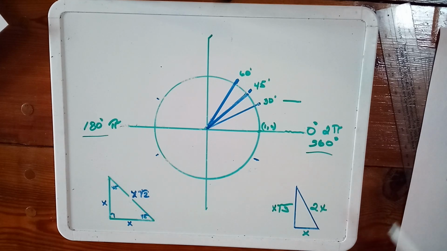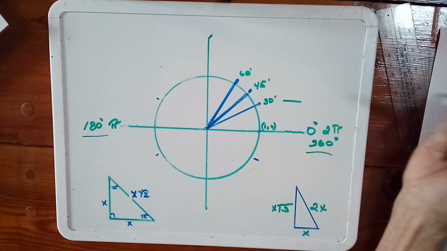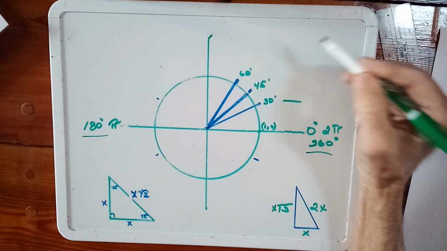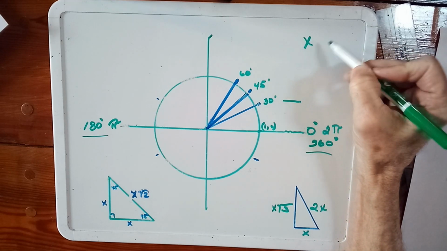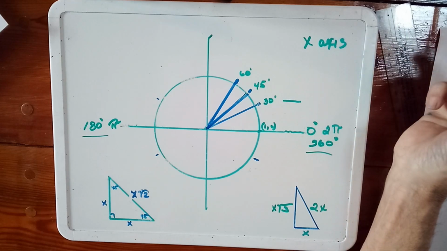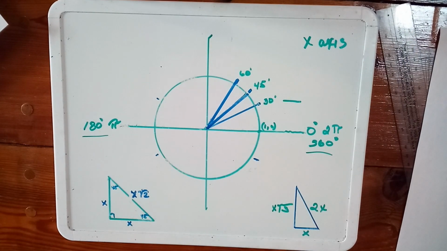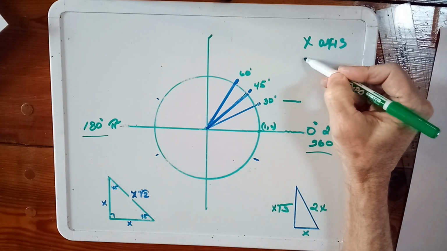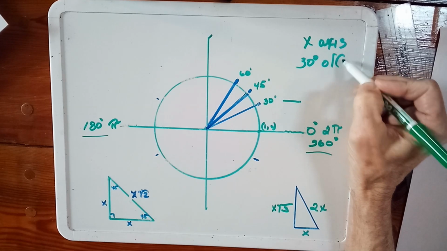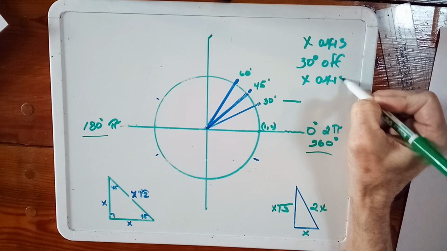You do need to remember, though, one measurement, basically, something like this. So if I take the x-axis, I'm going to want to remember that all these degree measurements are based on 30 degrees off the x-axis.